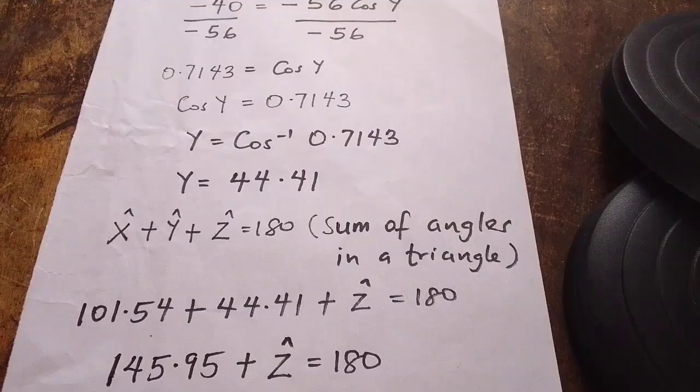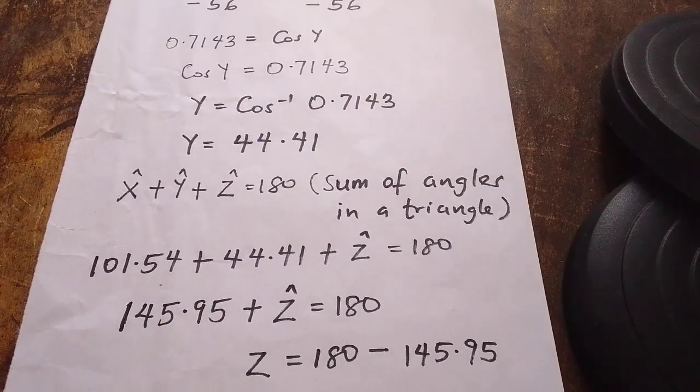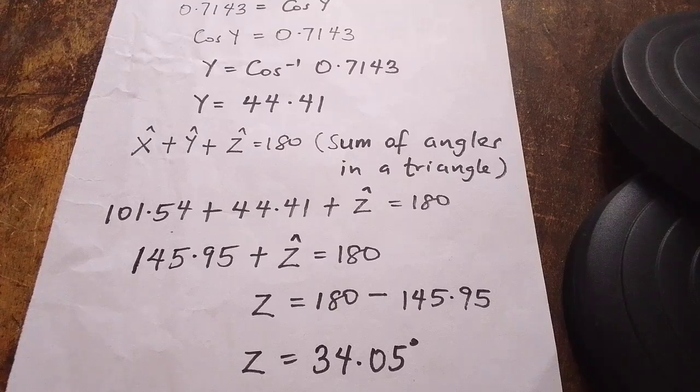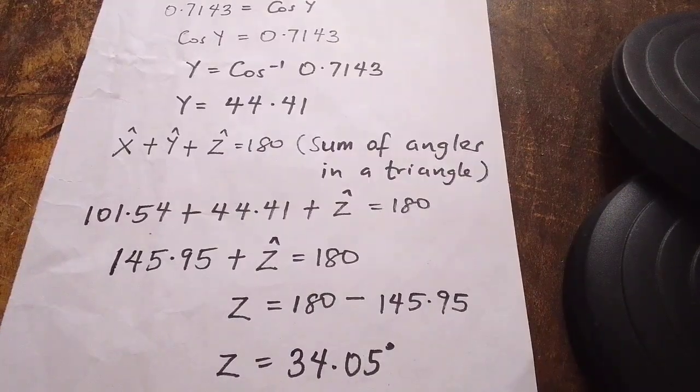If I bring this 145.95 to the side of 180, it turns to minus 145.95. 180 minus 145.95 gives us 34.05 degrees.